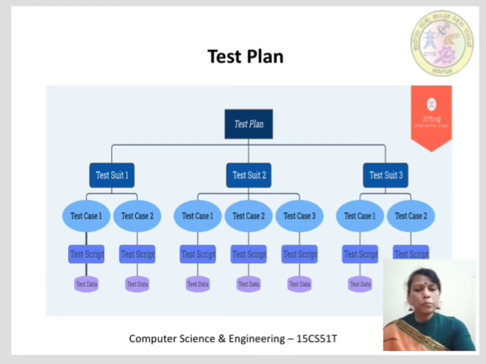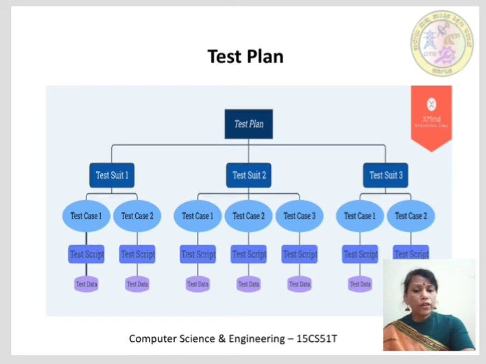A test plan is a document describing software testing scope and activities. It is the basis for formally testing any software product in a project. A test plan is a document describing the scope, approach, resources and schedule of intended test activities.